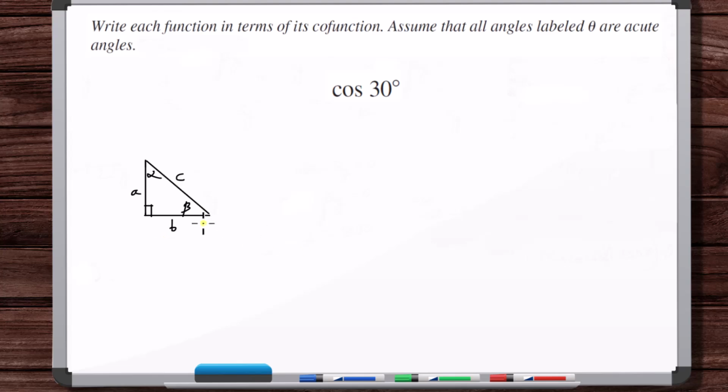B over C, right? So cosine of beta is B over C, but what is the sine of alpha? That's also B over C. So this is true, right?